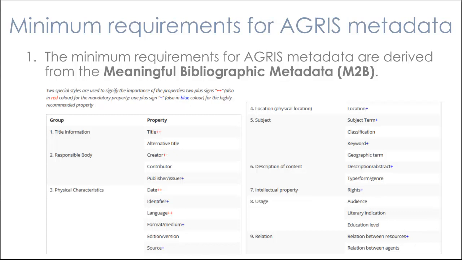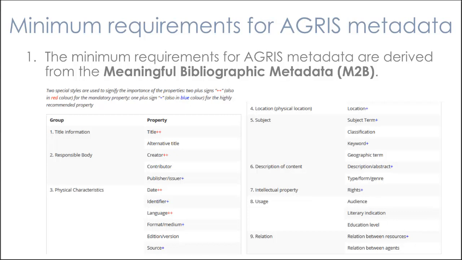If, for example, we receive metadata about journal articles, which is the case mostly, then we would require an abstract, because this is very important for our users. But if we receive metadata about proceedings, for example, the abstract is not necessarily needed. So it always depends on the resource, and that is also why this is a recommendation.